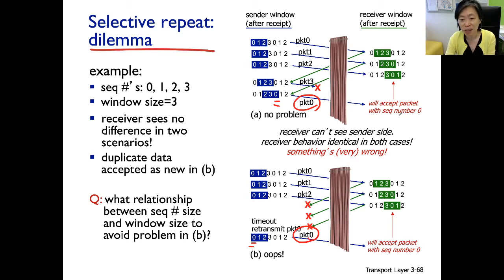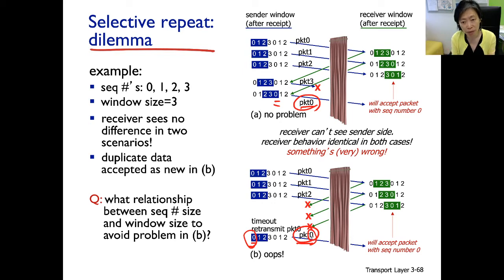Okay, so according to case A, it will actually pass packet 0, these bits again, to the application layer. Not good. Right?